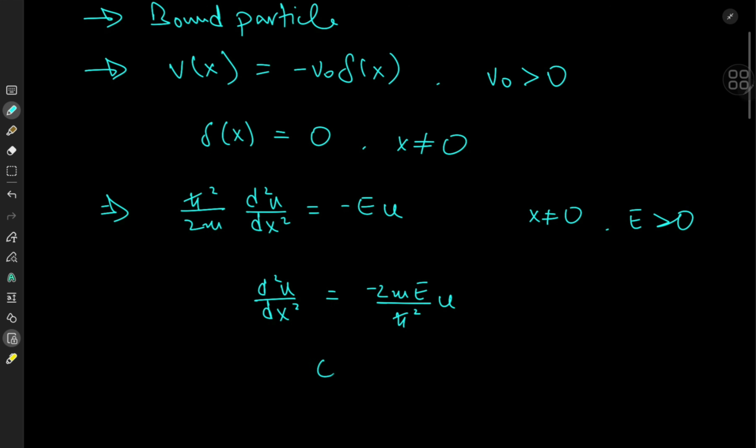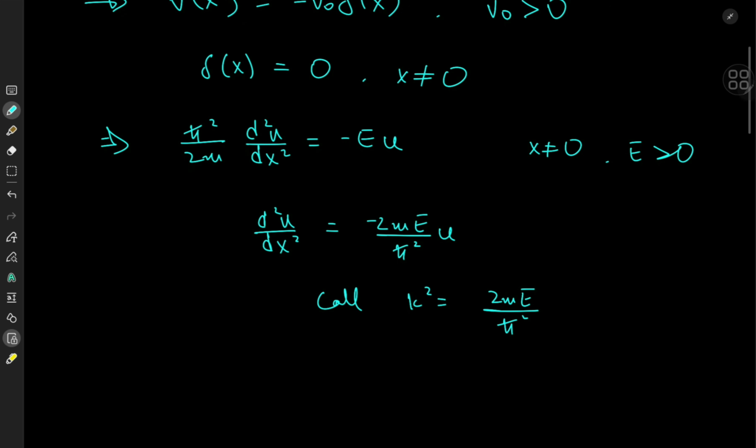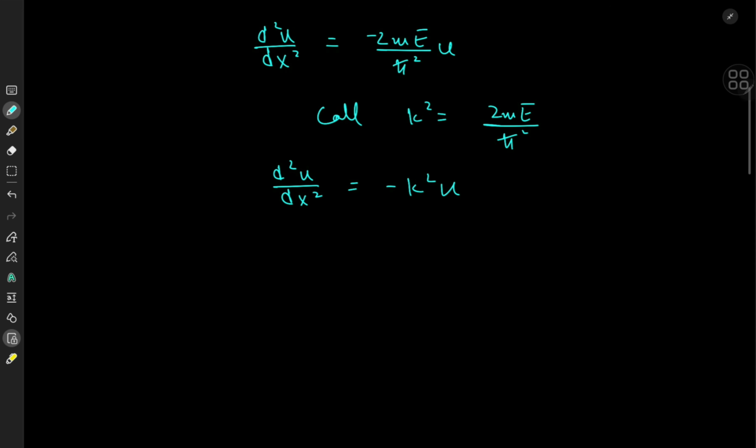And we could call k squared, I'll let the negative sign stay there, 2mE over h bar squared, so that we have d squared u over dx squared equal to negative k squared u.